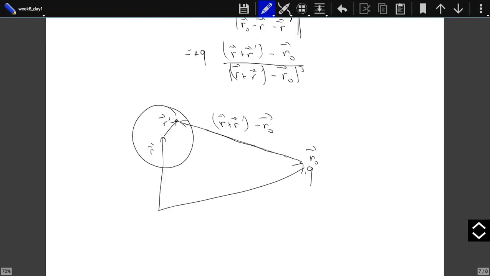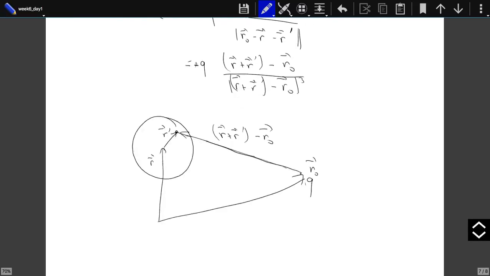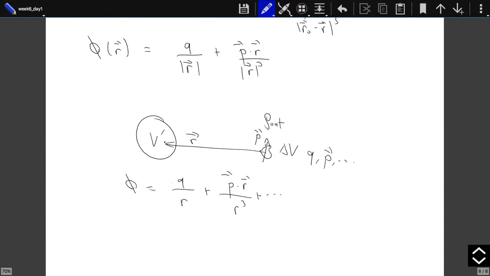Well, basically, the derivation is exactly like this, but you have to change your perspective: the charge distribution is not the one that is far away. The charge distribution is at the origin. It's the observation point that is far away.